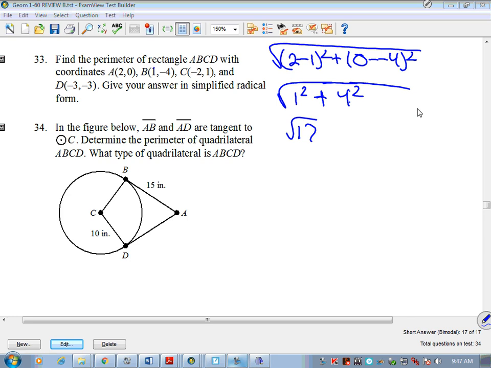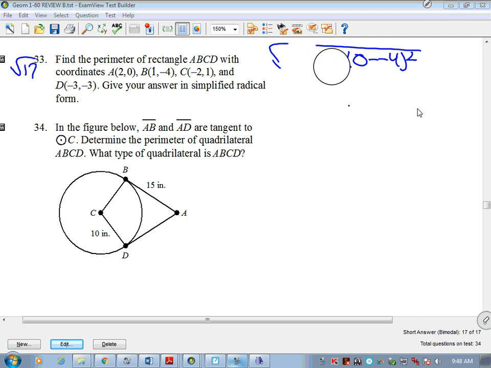So I'm going to just put this off over here. I got square root of 17 for one length. Okay, we'll leave that because I want my answer in simplified radical form. Let's go B to C. Okay, so we got 1 minus -2 squared plus -4 plus 1 squared. Well, that's actually 1 plus 2, which is 3.